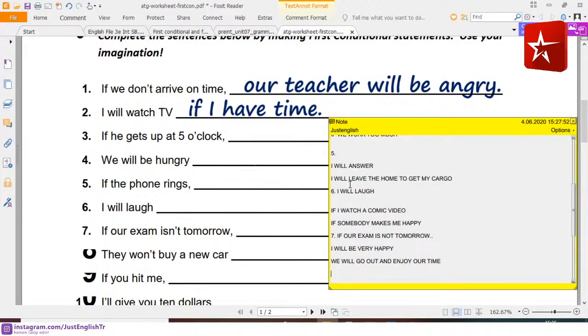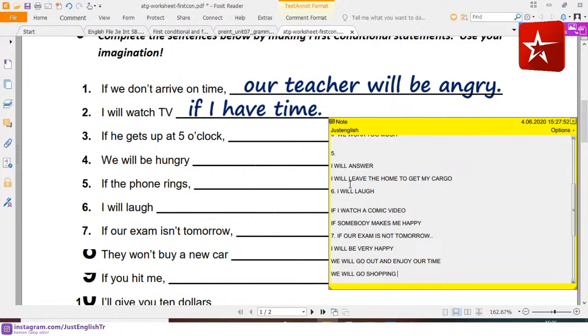And Kadir says, we will go shopping. If our exam isn't tomorrow, I will go to hang out.